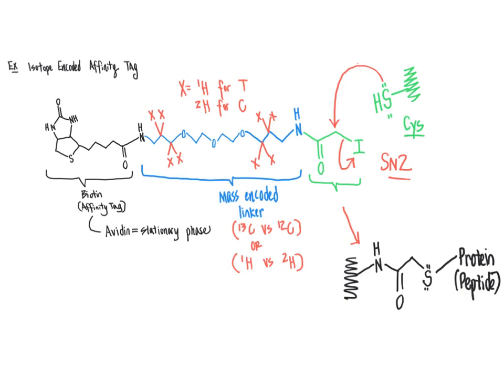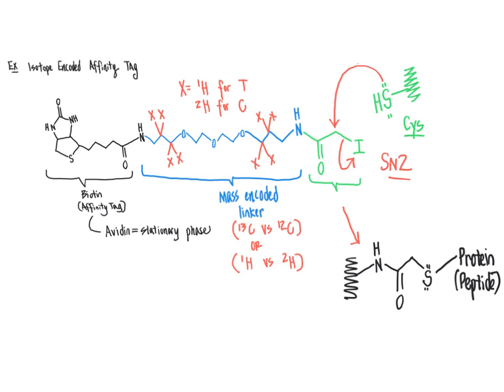For example, in the case of this tag, a limitation would be that this functional group specifically reacts with the thiol group of cysteine residues. And so if you're working with a protein that doesn't have any cysteine residues, then that protein would be completely overlooked because there are no cysteines to react with the reactive handle of our isotope encoded tag.